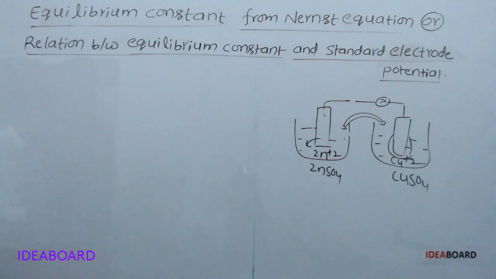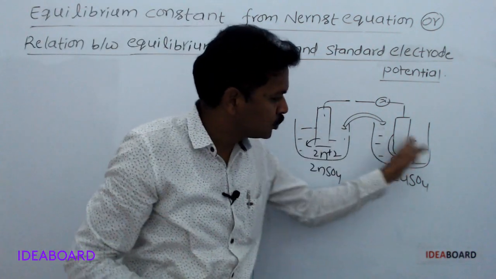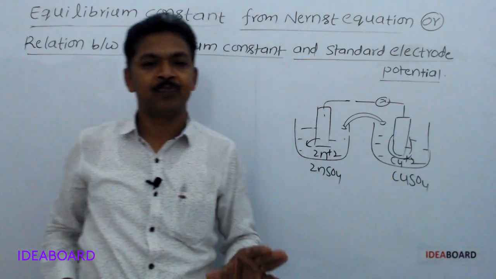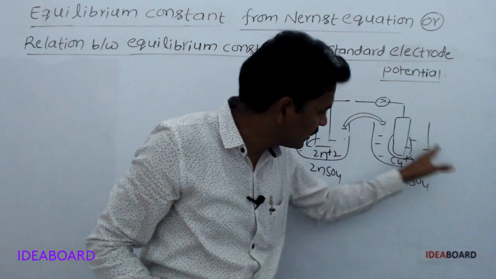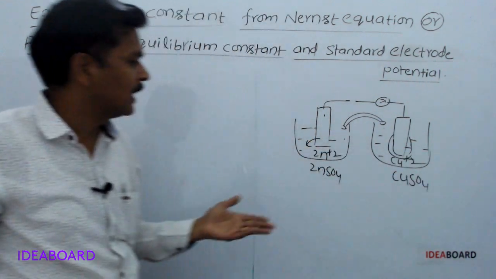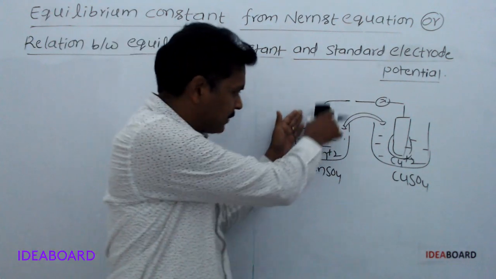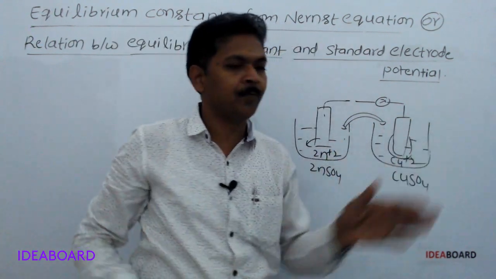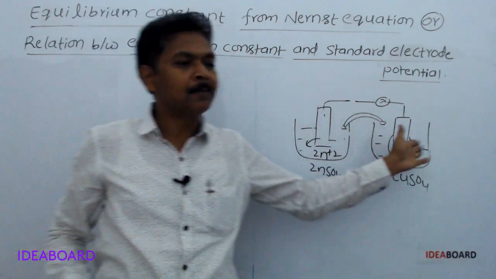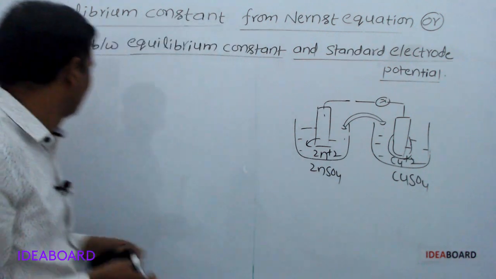At a particular time, electrode potentials of these two electrodes will become equal. At that time, electromotive force of this cell becomes 0. Electrode potentials of two half cells equal means electromotive force of that cell must be 0.